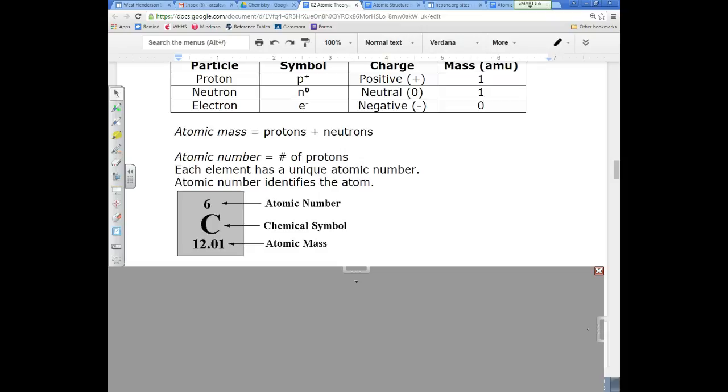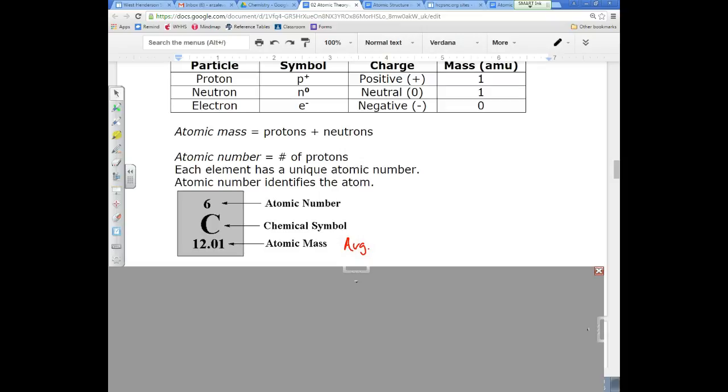For the next couple of days, our atomic mass, we're going to round up to a whole number, but pretty soon we won't be doing that. You can't have 0.01 of a proton or a neutron. This atomic mass is actually an average, and we'll talk about how it's calculated a little bit later. So they take all of the naturally occurring isotopes of the atom, and it's a weighted average of all of those together.